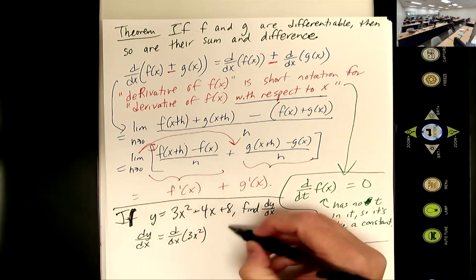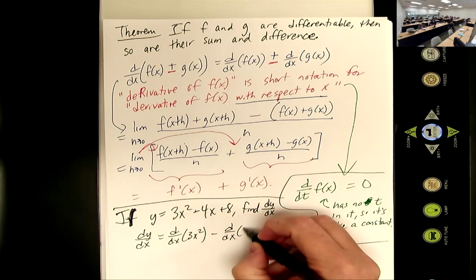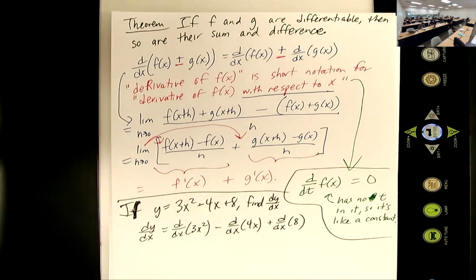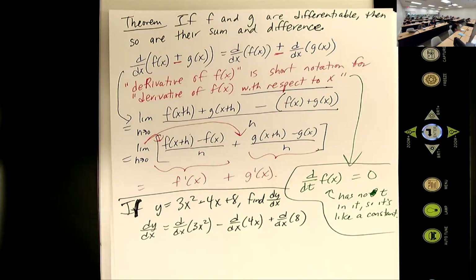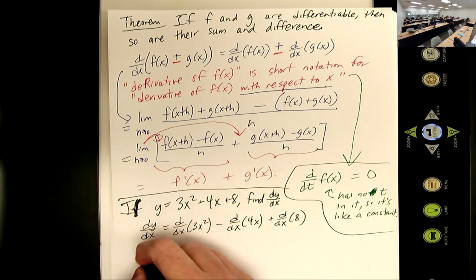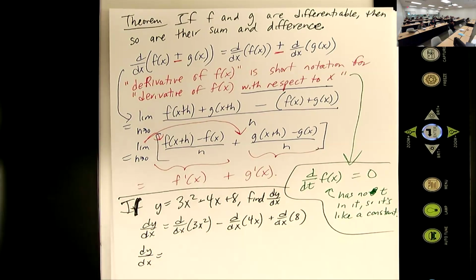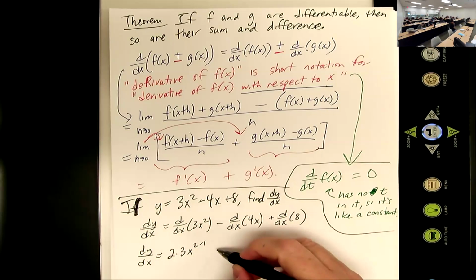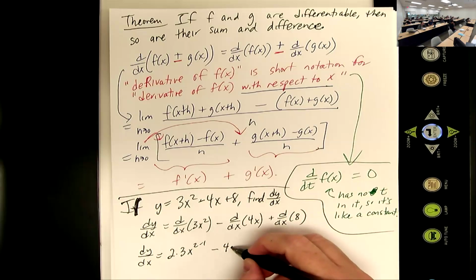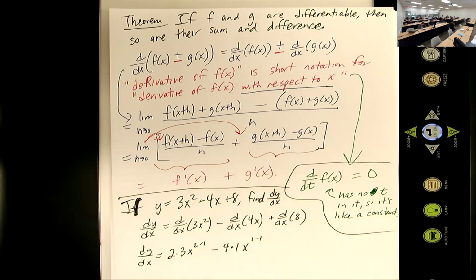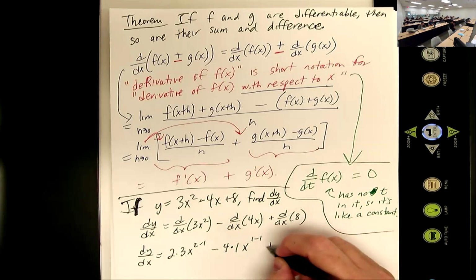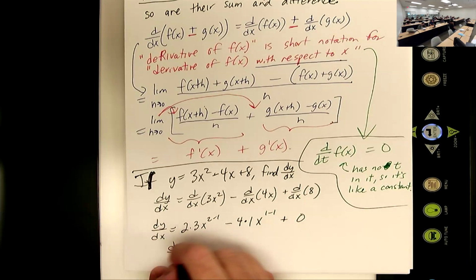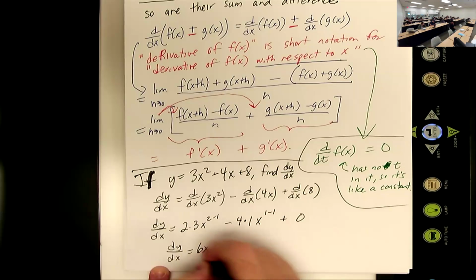This is technically what's happening by that rule we had up there. So here we bring the power down and lower the power by 1. Here we bring the power down, that's a 1, and we do 1 minus 1 on that one, and the derivative of a constant is 0. So dy dx equals 6x minus 4.